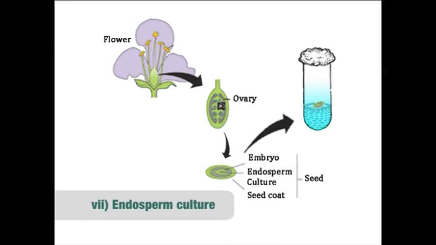The next type of plant organ culture is endosperm culture. Endosperm culture in plant tissue culture is used for the production of triploid plants, since the endosperm tissues are triploid in their chromosome constitution.